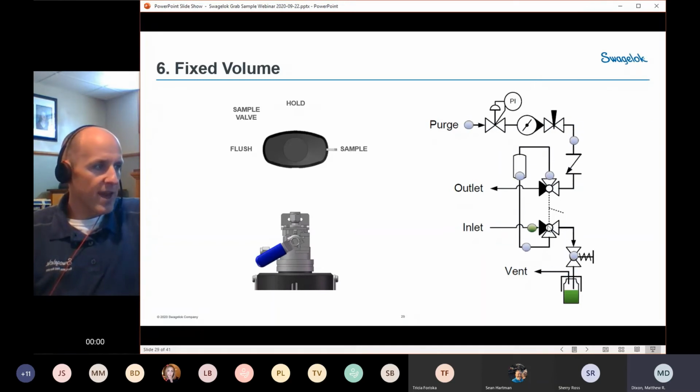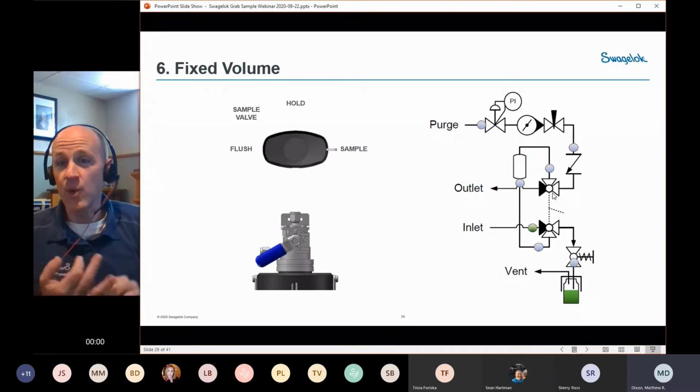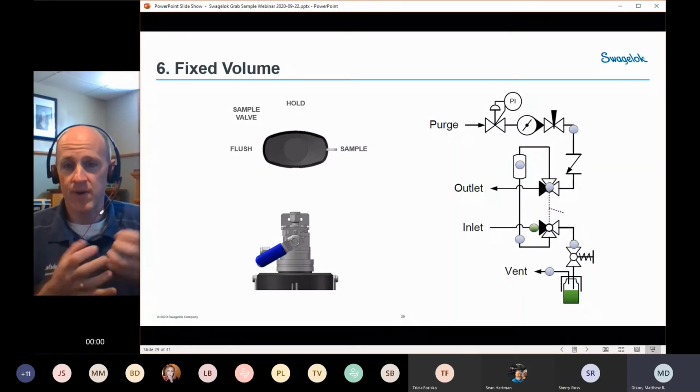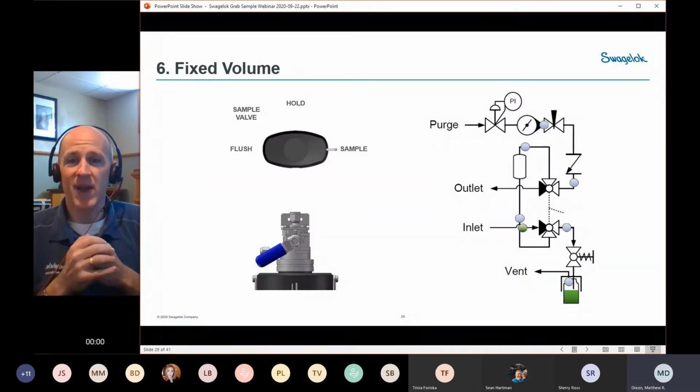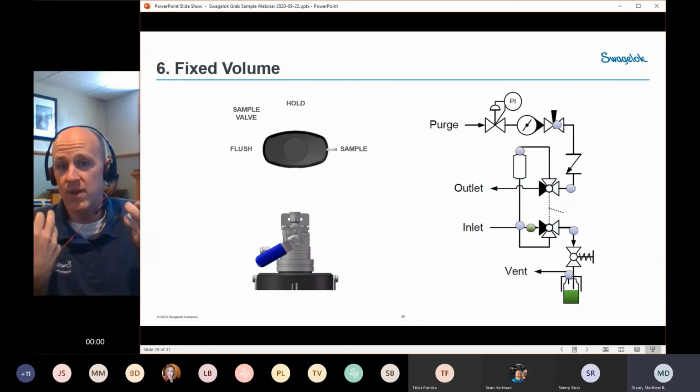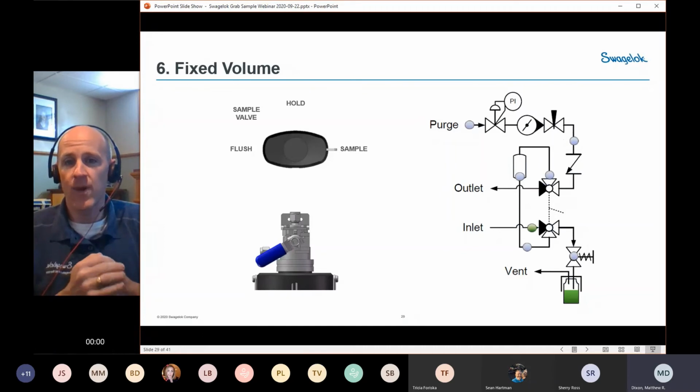Then that purge gas just goes off to the vent. So we've done 2 things with that purge gas. One, we've used it to move that sample from our fixed volume chamber on the panel into our sample container, and at the same time we're cleaning out the panel, so next time we come to take a sample, we're ready with nice clean lines to start out with.